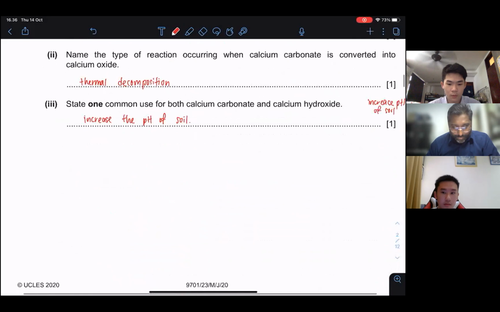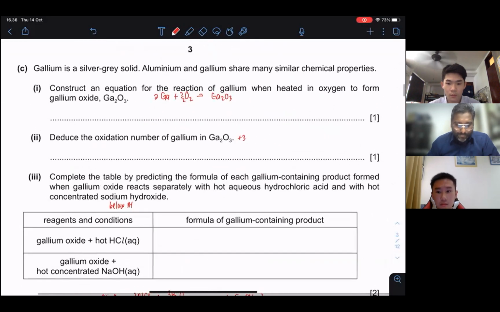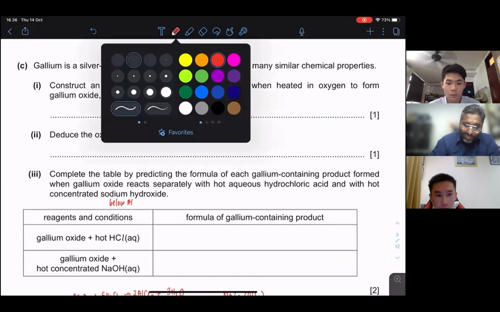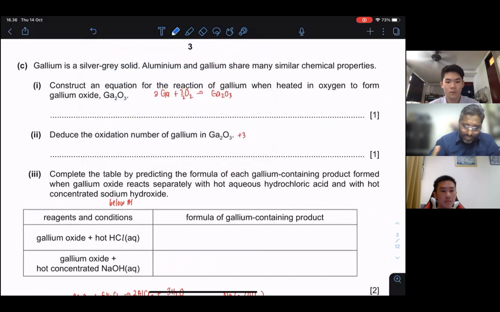Now, the next question over here, you have this gallium. Gallium is a silver gray solid, and they mentioned that aluminium and gallium share many similar chemical properties. When you are given the data booklet, you always check whenever you're dealing with this kind of question.